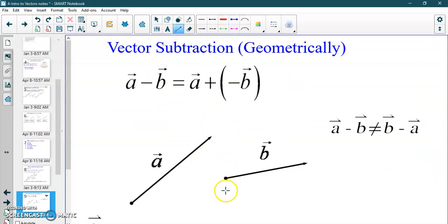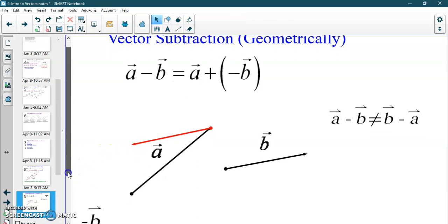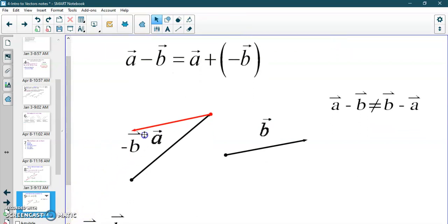So let's simulate or copy vector B here. We're going to take this here, but now we're going to have to flip it and go the opposite direction. So this new vector in red would represent vector negative B. And now we've got our resultant vector that's going to go from here to here.